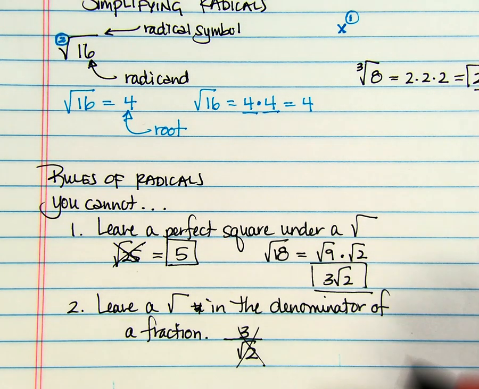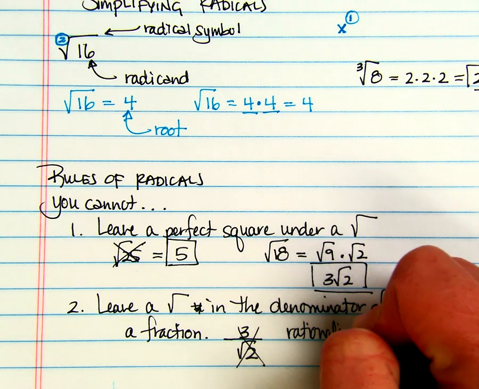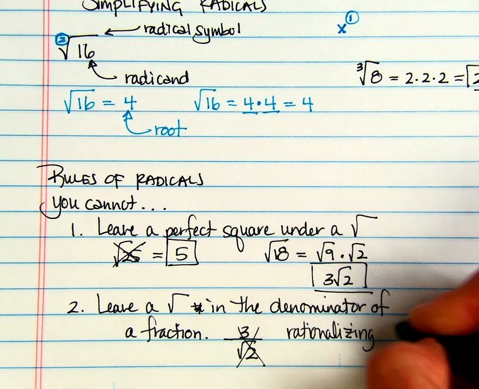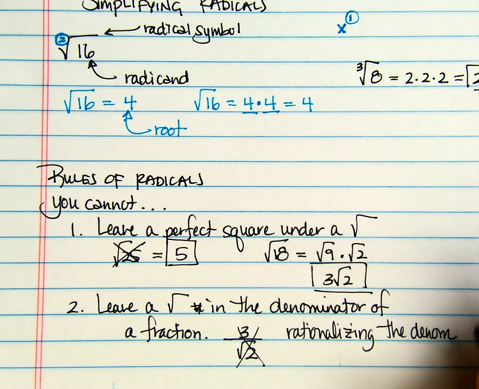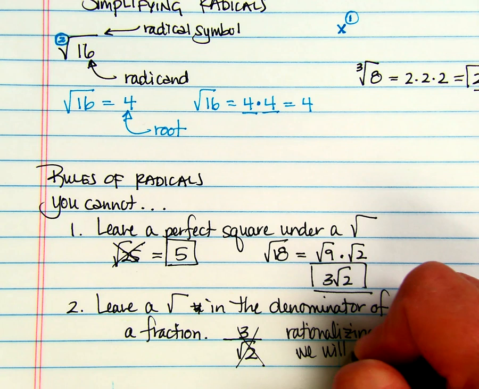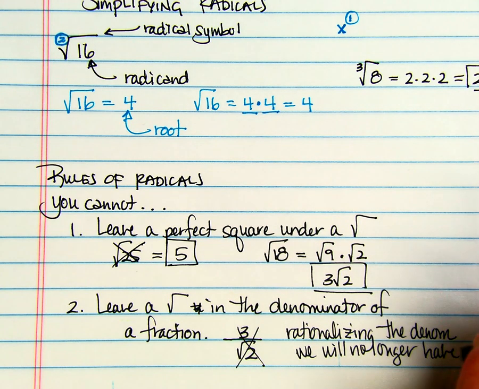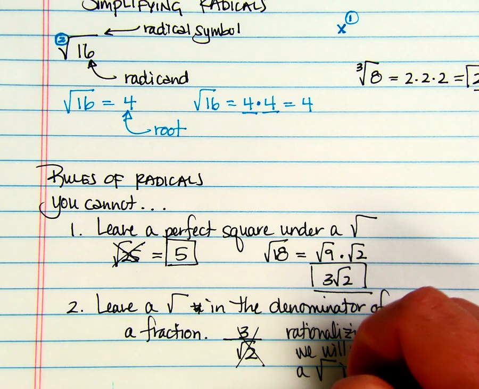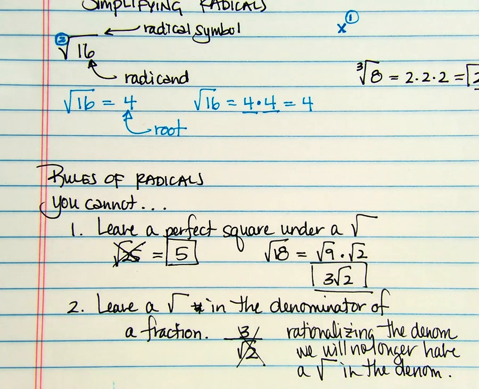You have to do some more steps, and it's called rationalizing the denominator. That will be a separate video. If we rationalize the denominator, we will no longer have a radical in the denominator.